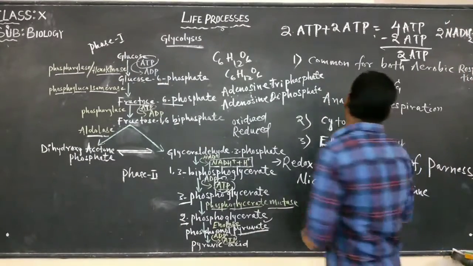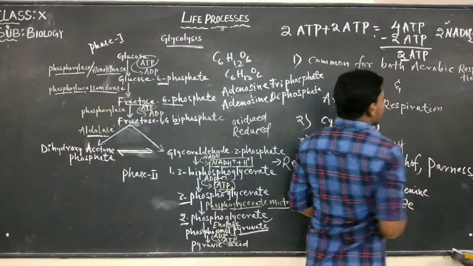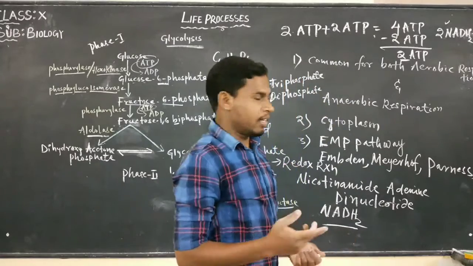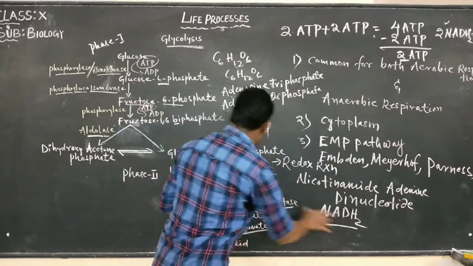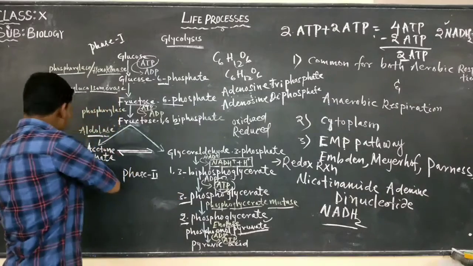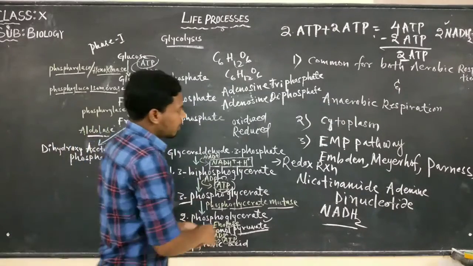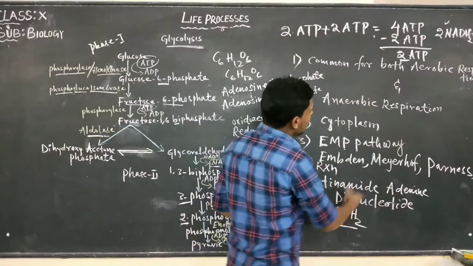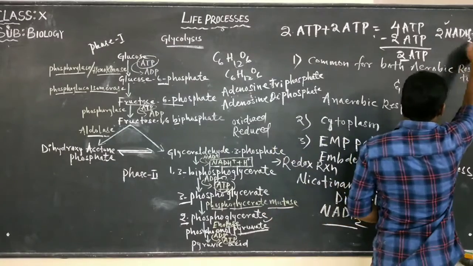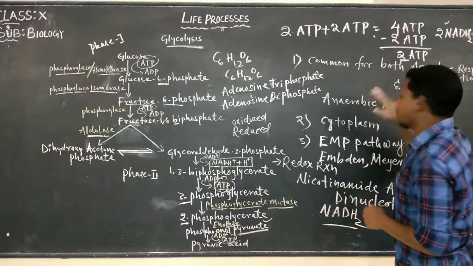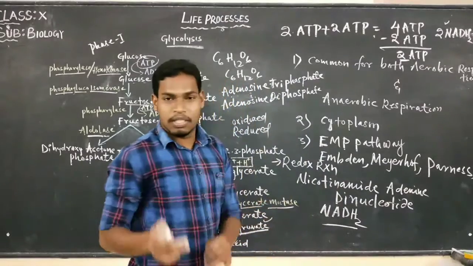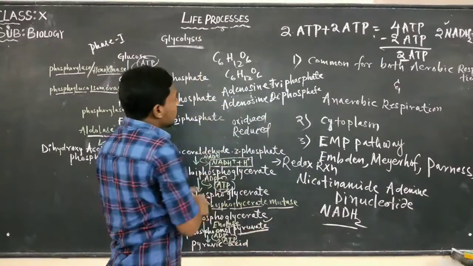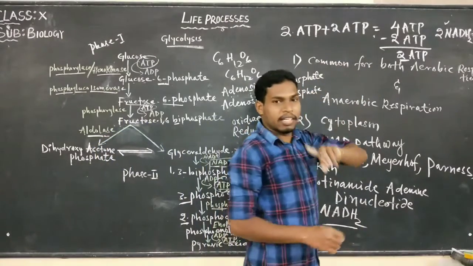So from 2 NADH2 we get 6 ATPs, right? Once in this reaction 1 NADH2, and in another reaction we get another NADH2, and 2 NADH2, each producing 3 ATP, gives 6 ATPs.